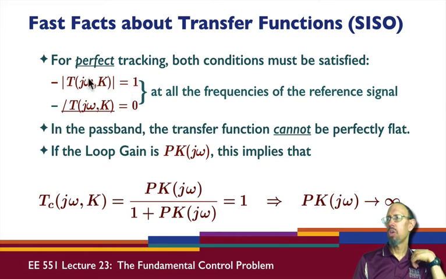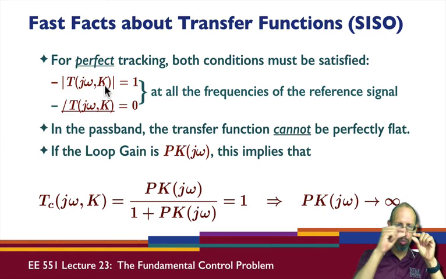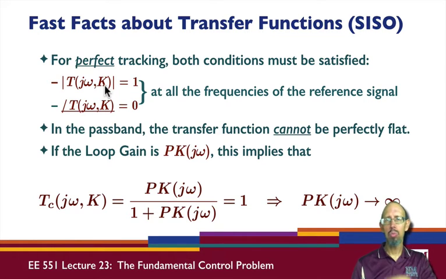So in general, for a band-limited signal, we will not get perfect tracking because we cannot get exactly equal to 1. But we can get close. If we have small variations, what is often referred to as ripple, in the pass band, then that may be okay.